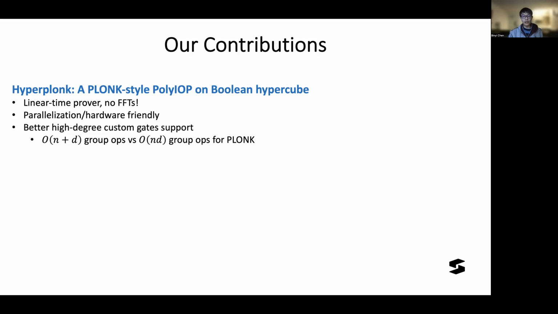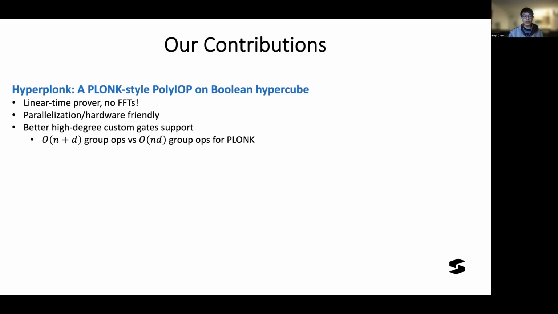However, there are some limits to this kind of custom gate in the case of Plonk, because in Plonk, the number of group exponentiations conducted is proportional to both the number of gates and also the degree of the custom gates. So there's a multiplicative relation, which limits the feasibility of using very high degree gates in the design.